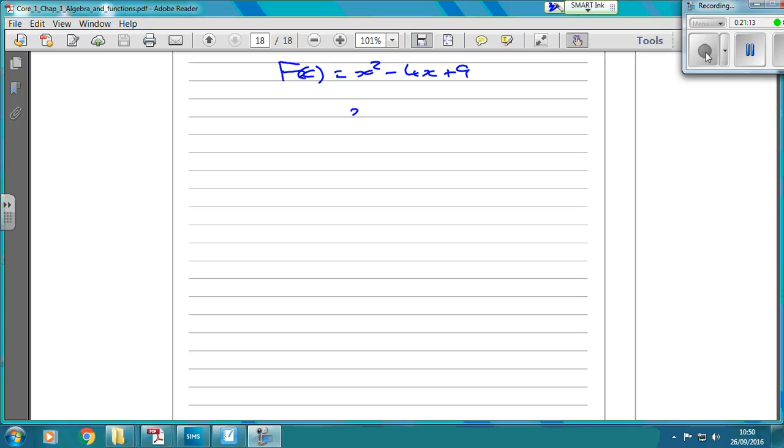So the first thing we're going to do is halve the coefficient of the x. That's going to be x minus 2 squared. We then take away whatever this is squared, so we're going to take away 4, and we're going to bring that plus 9 down. So simplifying that, x minus 2 squared minus 4 plus 9, it's going to be plus 5. That's it. And if you did that, that was 61 out of 61 marks.